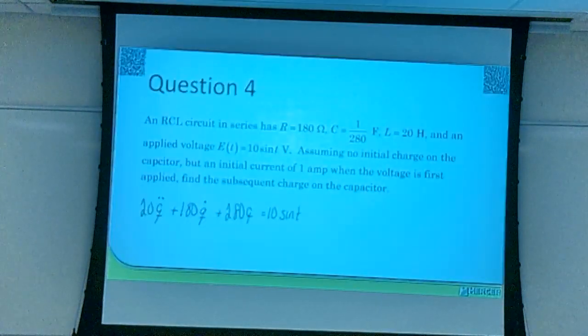The unit for capacitance is the farad, and obviously voltage is the volt.